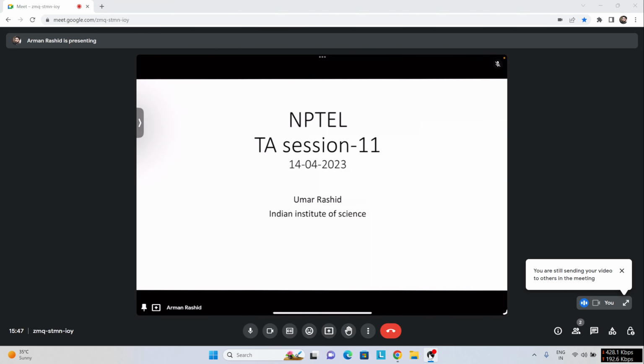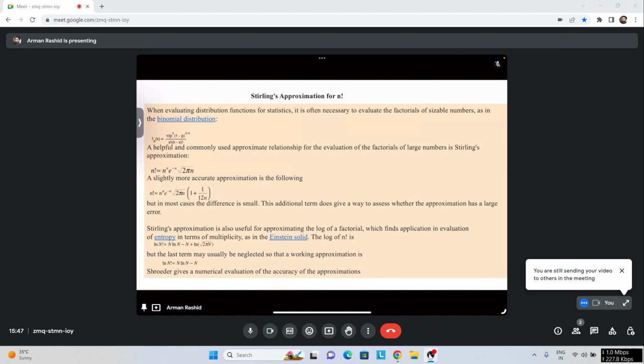Before going to the partition function, I'll tell you briefly about one of the most important approximations in statistical thermodynamics, called Stirling's approximation. In statistical thermodynamics, we have to calculate various integrals and various factorials like n factorial.